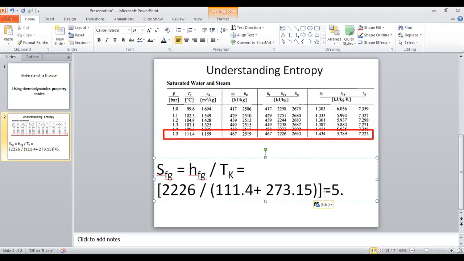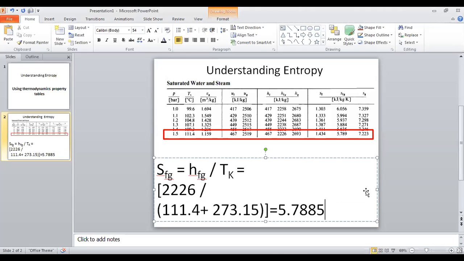Yeah, if it is 273.15, let me calculate this. 5.788584. So to the nearest three decimals, this should be 5.789, because 5.7885 is 5.789. So it is exactly the same.